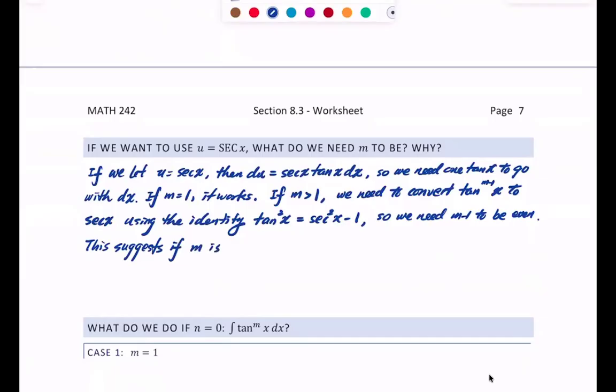Even or odd? m minus 1 is even, you add one to it to get m, that has to be odd. So if m is odd, use up secant. Right, so the foundation is just based on u substitution, what we need to make it happen.